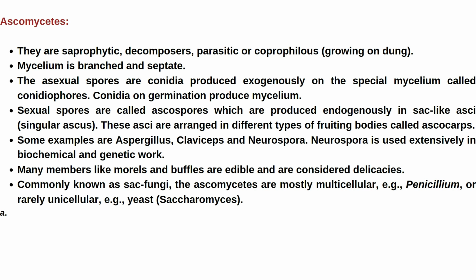Here you can see the asexual spores are produced exogenously, whereas the counterpart sexual spores are produced endogenously in a sac-like structure called asci. These asci are arranged in different types of fruiting bodies called ascocarp. Examples for Ascomycetes: Aspergillus, Claviceps, Neurospora. Neurospora is used as a model organism in biochemical and genetic research.